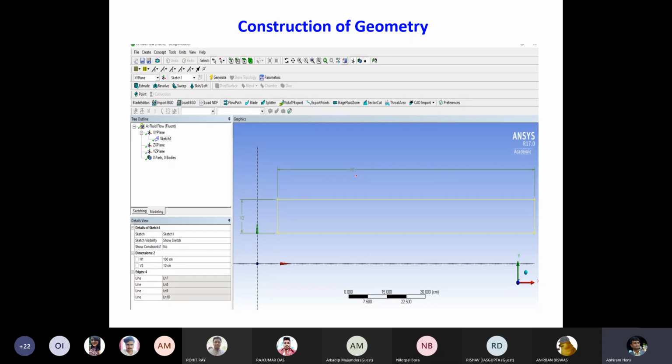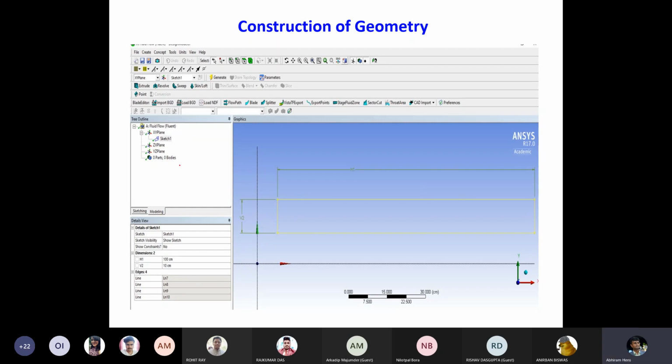If some of you have a little bit of CAD knowledge, it will help you to generate the geometry. But those who are new to it need to practice some tutorial videos to understand how geometry can be constructed. So in the next lecture, I will show you step by step how this can be done.